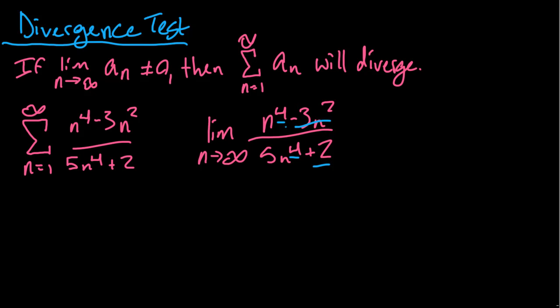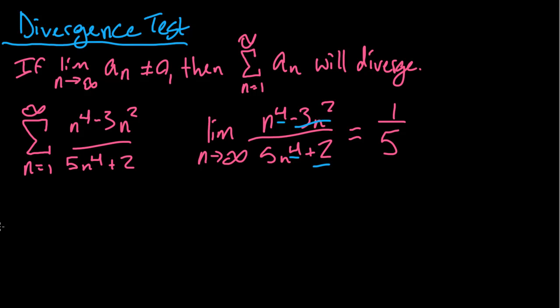So we're only looking at those, and then we know that as we're approaching infinity, all we have to do is look at the coefficients in front of our highest degrees. So n to the fourth, our coefficient is going to be 1, and then 5n to the fourth, our coefficient is 5. So we have 1 over 5, and so we know that this limit as n approaches infinity is going to be equal to 1/5, right? This is just a quick review of our limit as n approaches infinity.